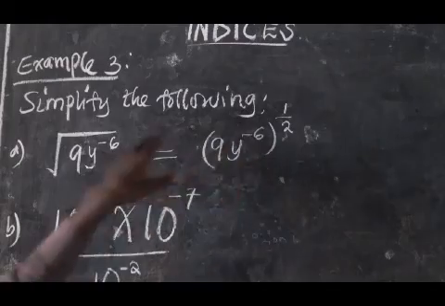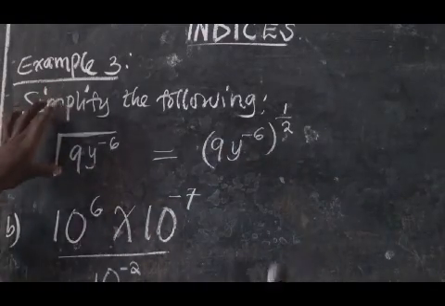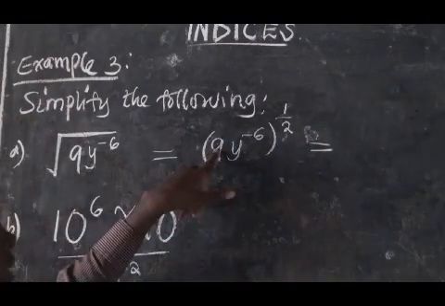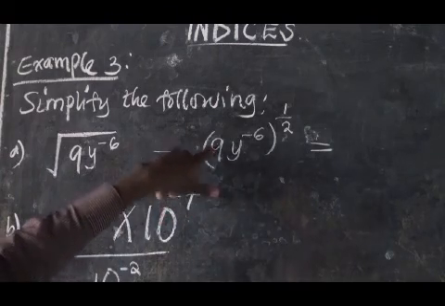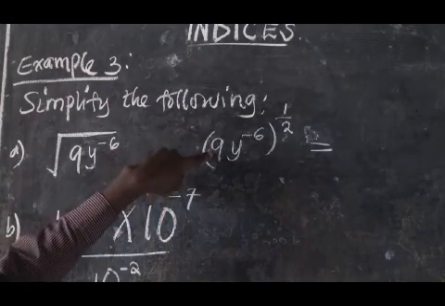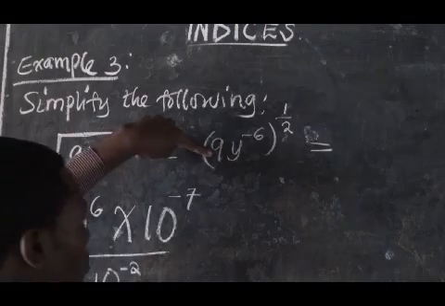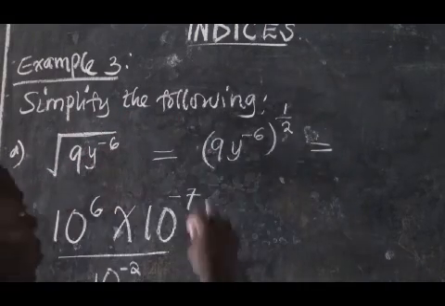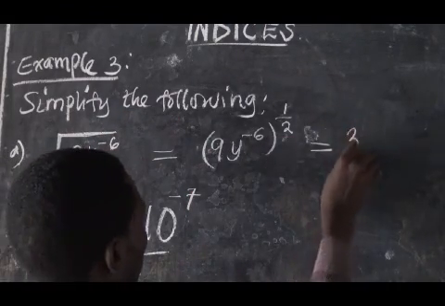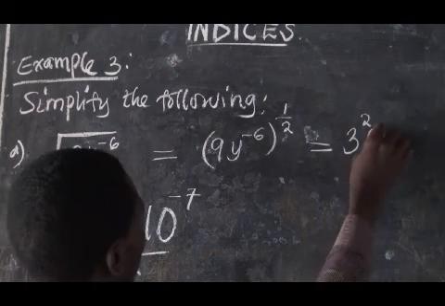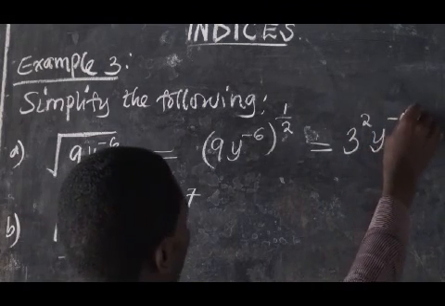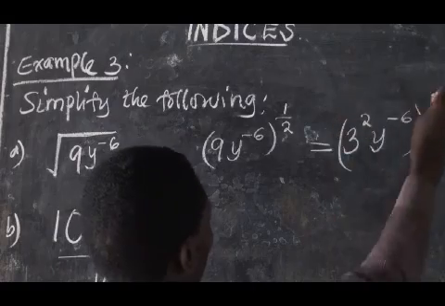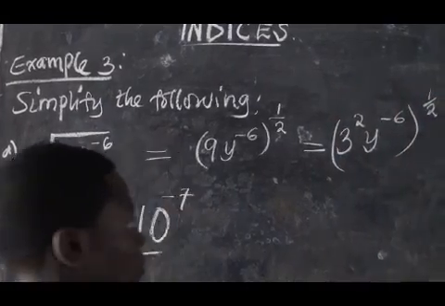Now here, we have learned that 9 in indices, we write it as 3 power 2 because it is 3 times 3. So this one, we write it as 3 power 2. Then this one is y power negative 6 into 1 over 2.